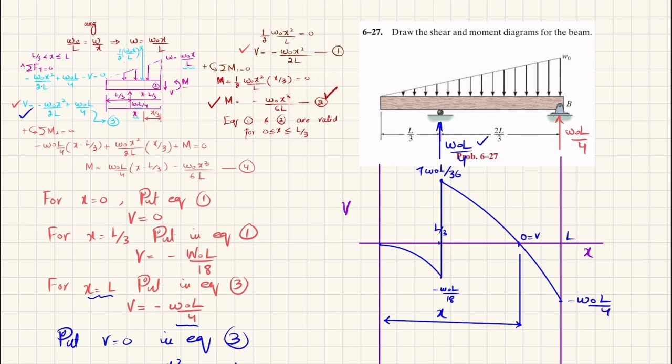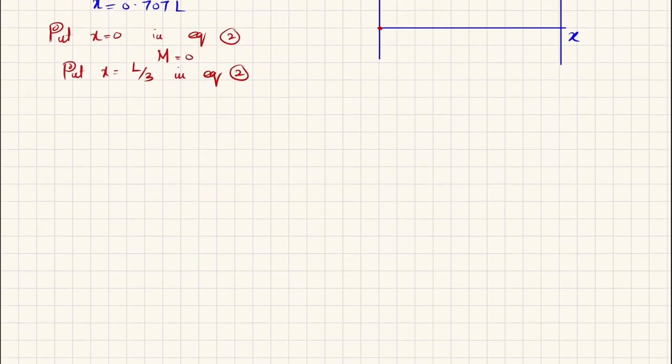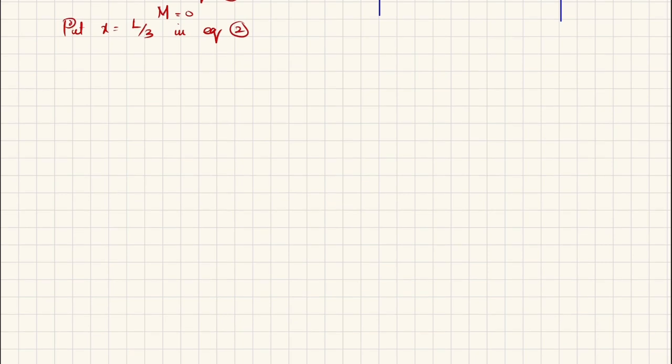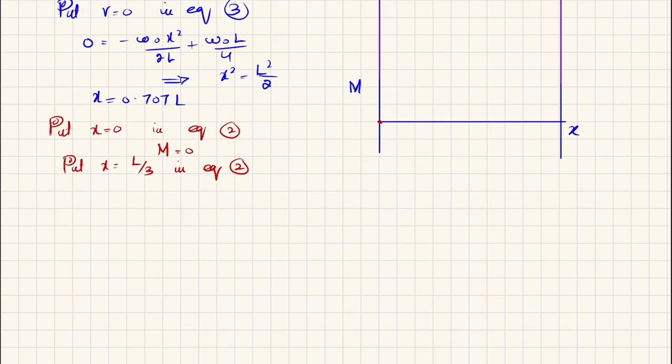So if you put X is equal to L by 3 and simplify it, the moment will be equal to minus 0.00617 W naught L square.